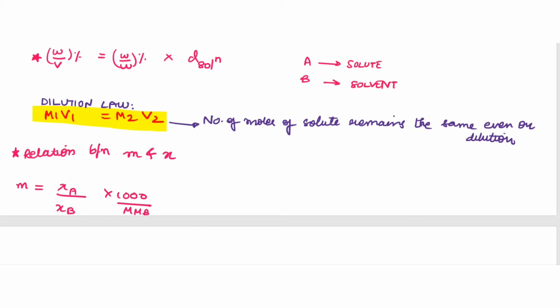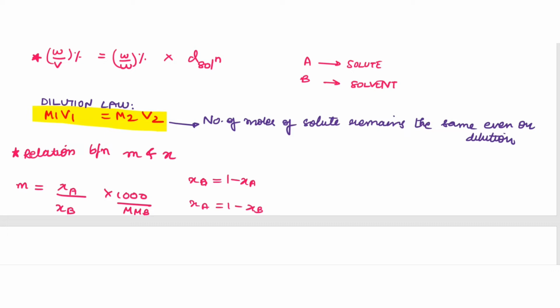So m is equal to xa by xb into 1000 by molecular mass of solvent. Usually only one mole fraction will be given in the question, either of the solute or the solvent. From that you can derive the other one by simply subtracting it from 1. So xb is equal to 1 minus xa and xa is equal to 1 minus xb.